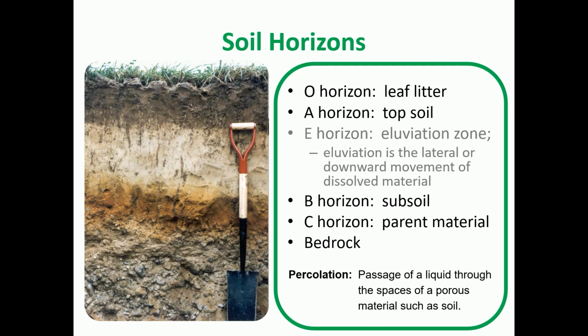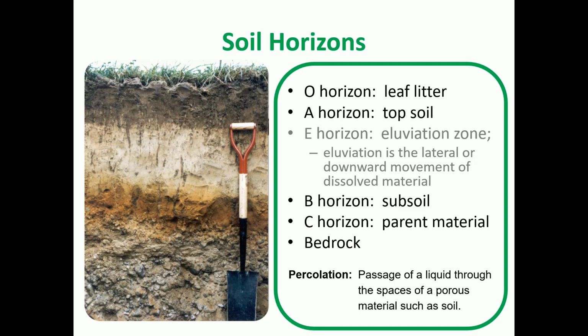Now there's a couple of vocabulary words that you guys need to learn. One is percolation. Percolation is the passage of a liquid through the spaces of a porous material such as soil. There's another situation where we use the term percolation, and maybe this will help to remember its definition. A coffee percolator, right? You percolate coffee. And how do you make coffee?